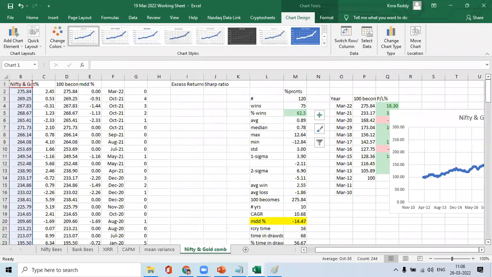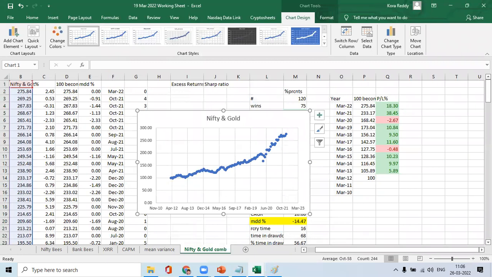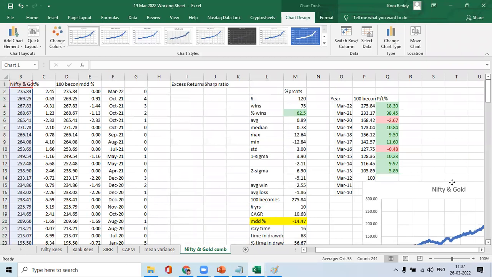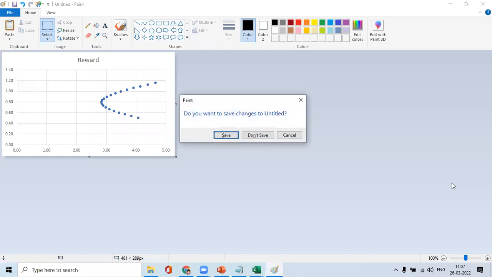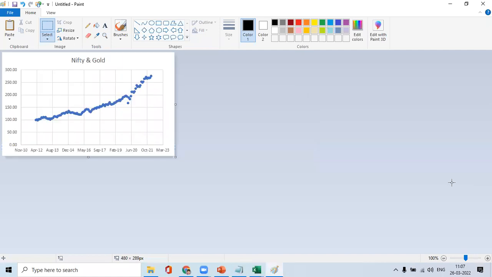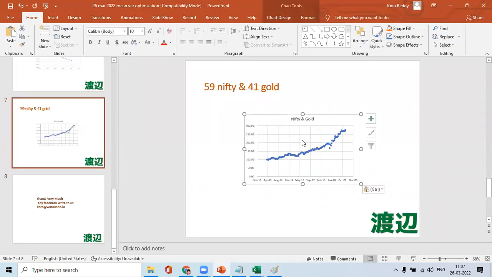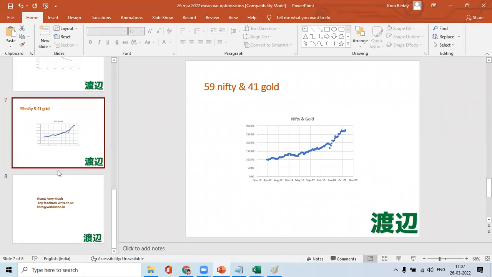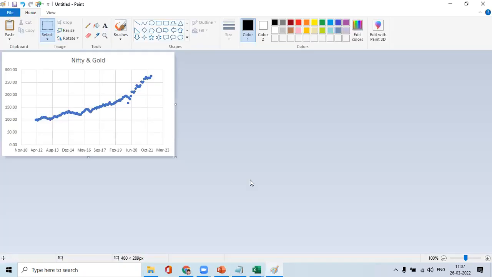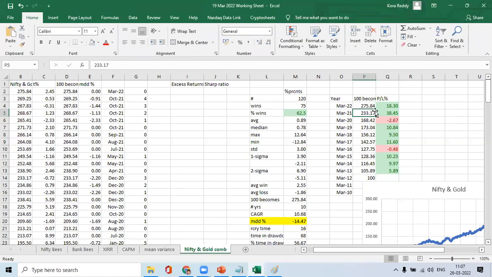Things are put. Okay, I'll put here. And I will copy that. This is what our, I don't know why it's not so smooth, but that's okay. Our 100 has become like this. And year-wise returns. In case we want, this is what our year-wise returns, right?